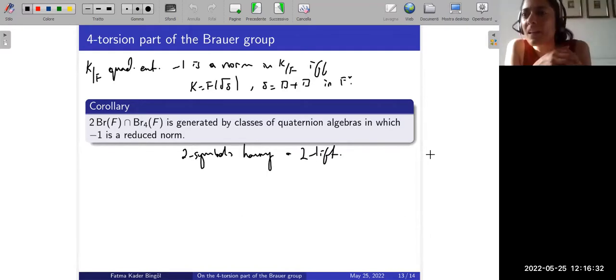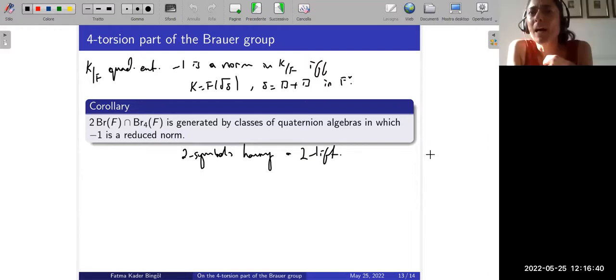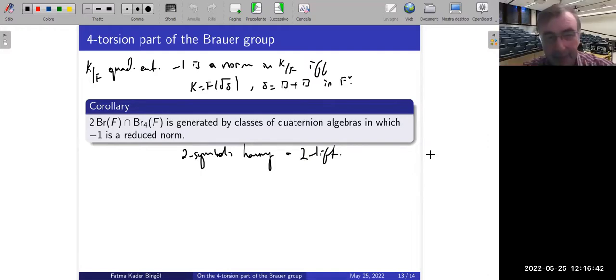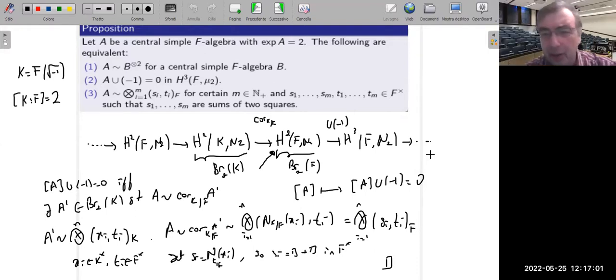Yes, it is already used in the proof of the proposition, right? You need it there as well, -1 being a norm. Wait, can you just repeat? You use this remark in the proof of the corollary, but you also need it in the proof of the proposition for one of the directions there.